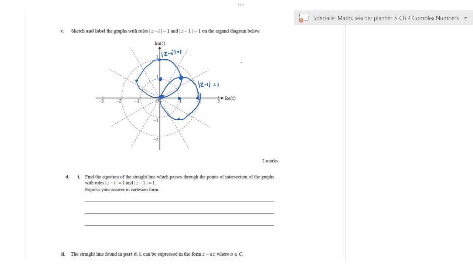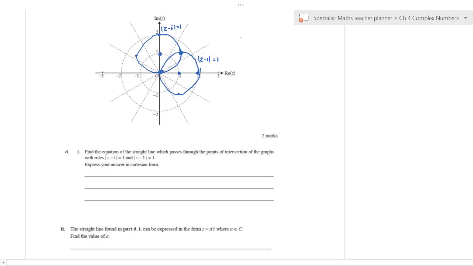We've found those before. Now just find the equation of the straight line that passes through the points of intersection of this graph and this graph. Express your answer in Cartesian form. So look, you could do a number of things, but what I'm going to say is that z minus i is x plus yi minus i, if you like.